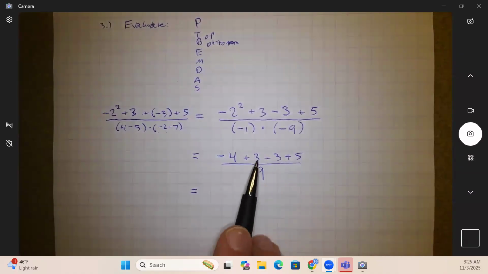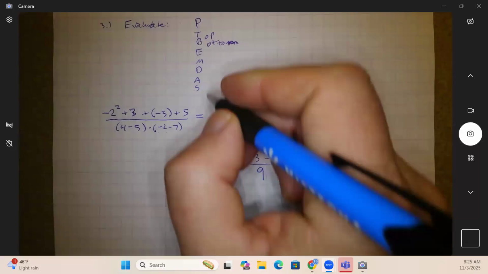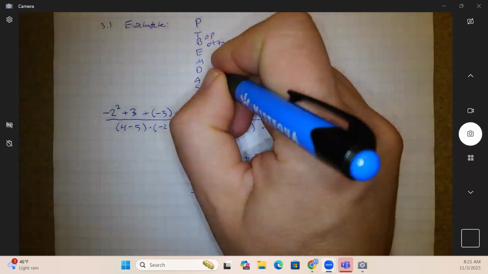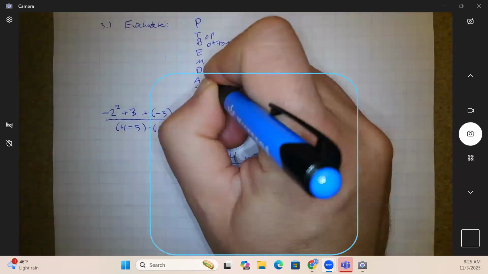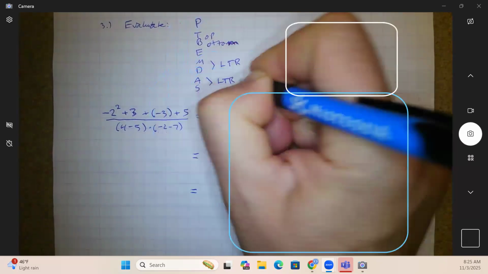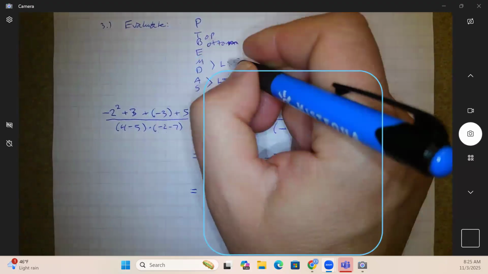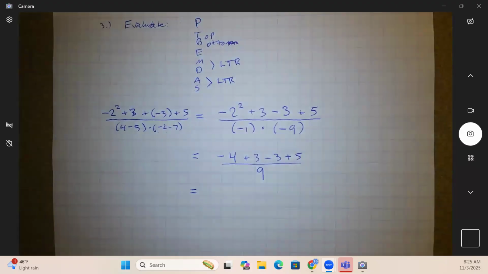And you might say, well, I'll take the +3 and the -3 and those cancel, and that would be okay. If you want to do it that way, that's fine. But I'm going to work really systematically, right? The multiplication and division work left to right, as do addition and subtraction.